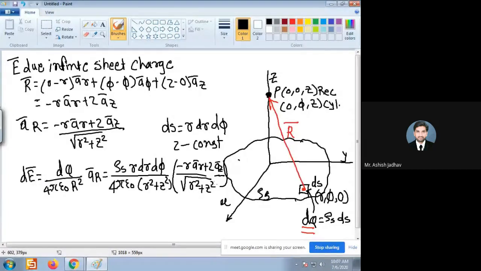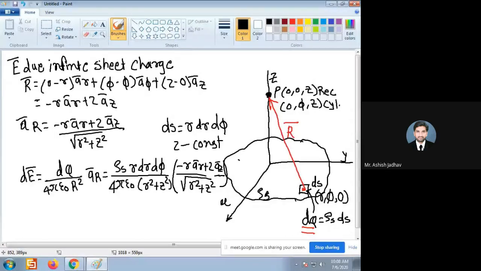Right. So this is what we get as a differential electric field intensity at point P because of a small surface ds, which is having a charge dq.